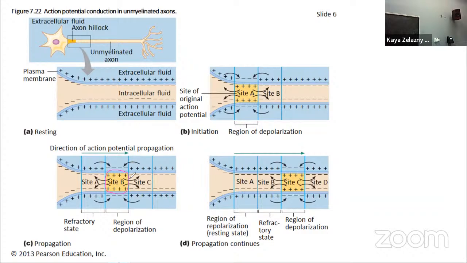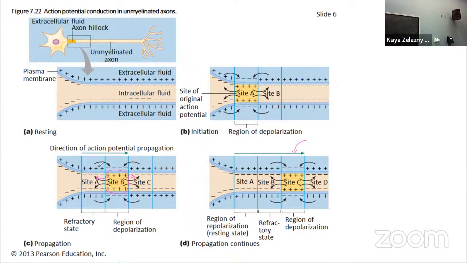And then those sodiums just start to spread out, because that's what molecules do. Some of them are spreading to the side towards site C, but we're not controlling the direction of that spread, right? So some of them are flowing back to site A. They're just spreading out in every direction. But this triggers site C to send off its action potential, but site A isn't getting re-triggered, right?